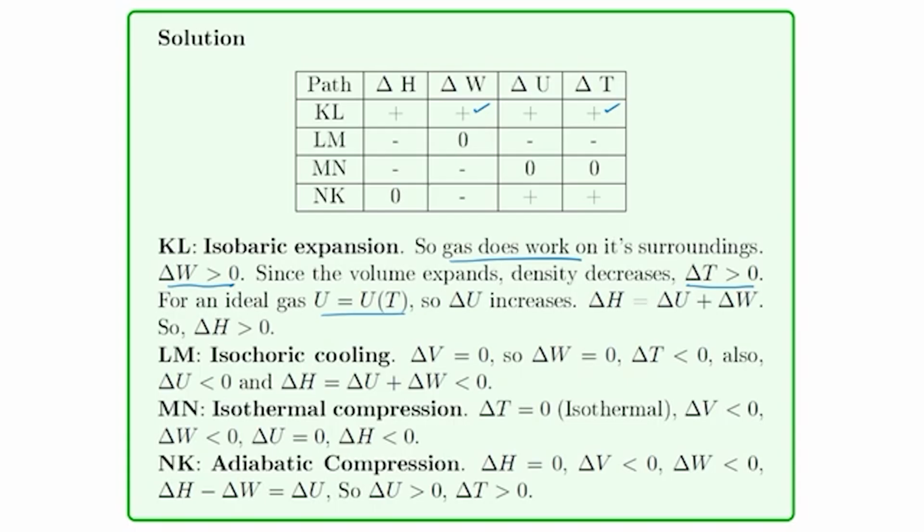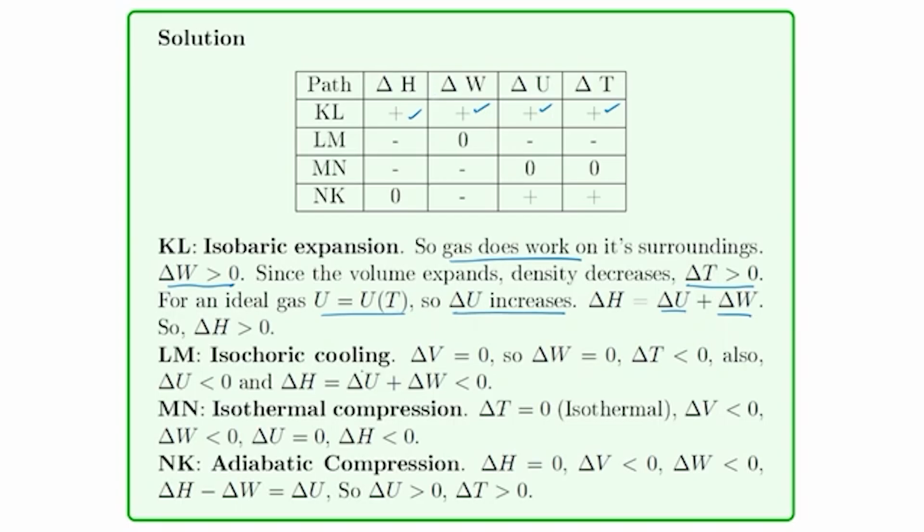So delta U increases because delta T increases as well. That is why this is also positive, and delta H, which is enthalpy, is delta U plus delta W. Both increase, and so delta H increases as well.